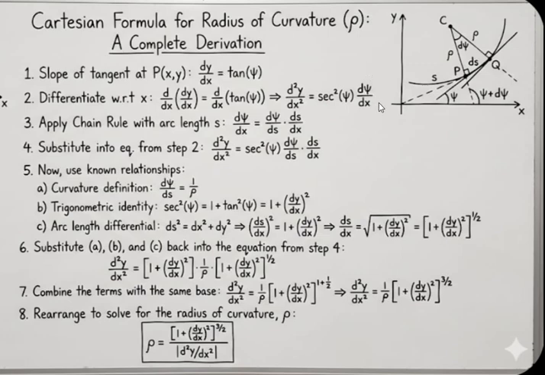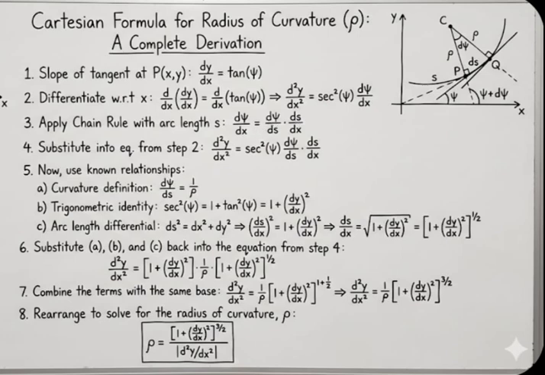Again, we are going to use the chain rule here: d psi by dx is equal to d psi by ds into ds by dx. No problem, you get the same thing.